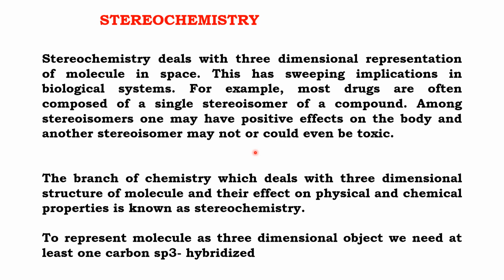For example, some drugs may be active only if we use a particular stereoisomer. Another stereoisomer of the same drug may be inactive or even could be toxic. And the branch of chemistry that deals with the three-dimensional structure of molecules and their effect on physical and chemical properties is called stereochemistry.